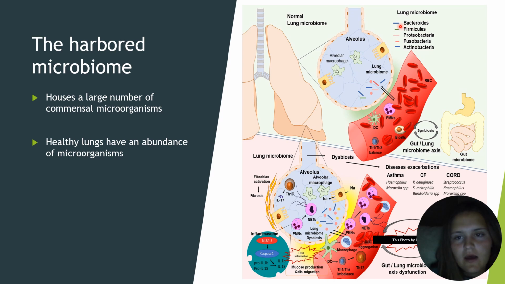So you have your bacteroides, your fusobacteria. And I just think it's really interesting to look. So you have your alveolus. So I think that's really cool to see how the microbiome plays out in the lungs.